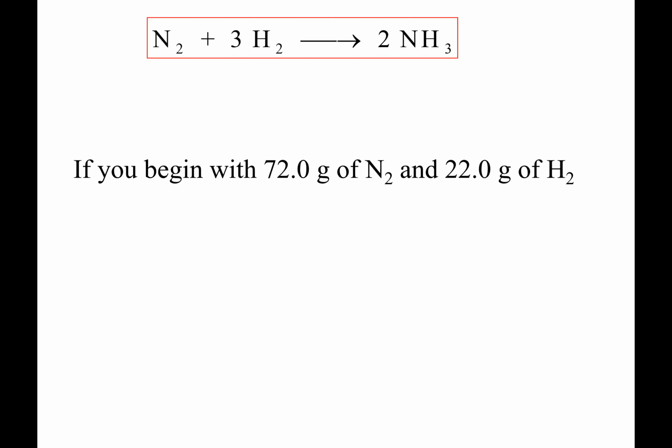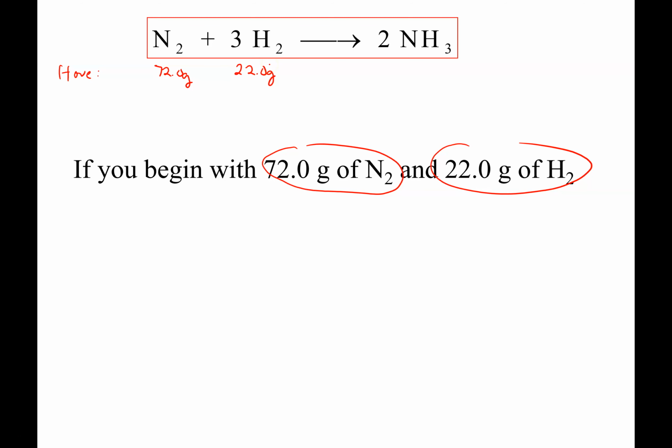The reason I like to do it this way is because my eyes go wonky sometimes and I can't tell what's what. So I'm going to write the word "have" up here. With regard to nitrogen, you have 72.0 grams, and with regard to hydrogen, you have 22.0 grams.